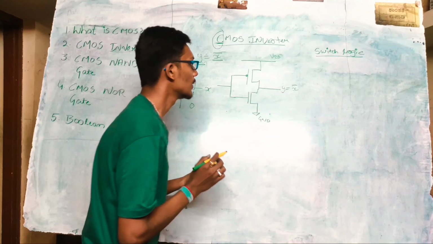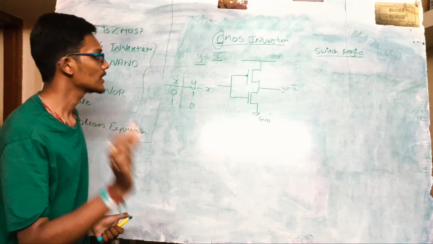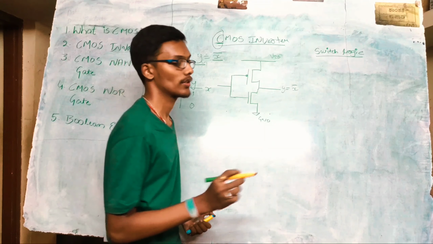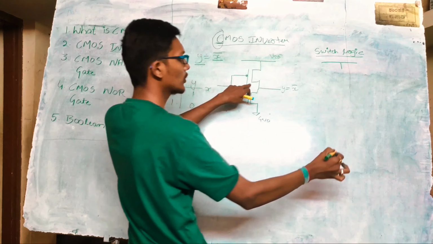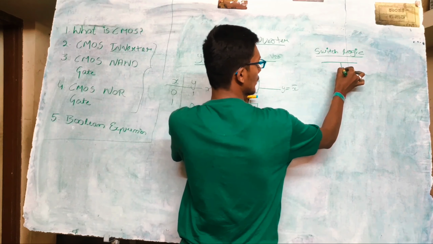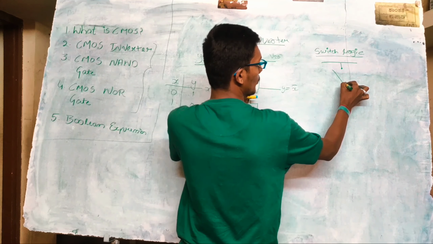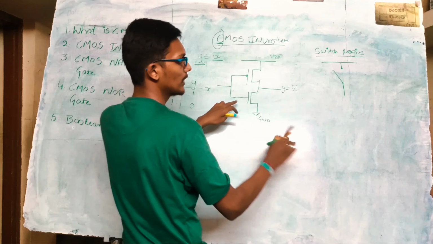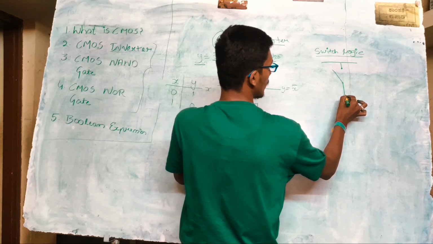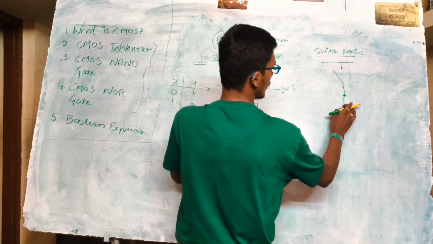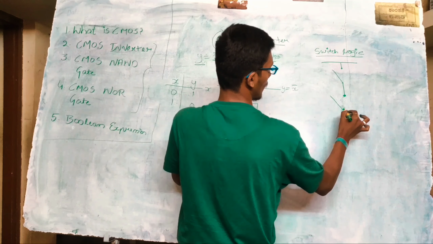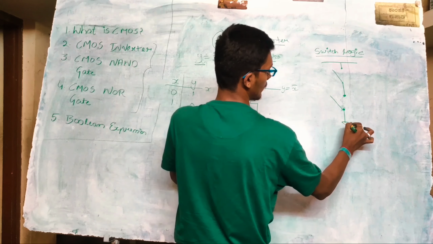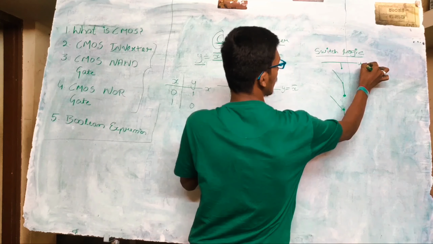In switch logic, we will consider each transistor, whether it is NMOS or PMOS, as a switch. So let me draw. This PMOS is considered as one switch, which is initially open. This NMOS is considered as another switch, which is also initially open. This part is grounded, and this is my VDD.